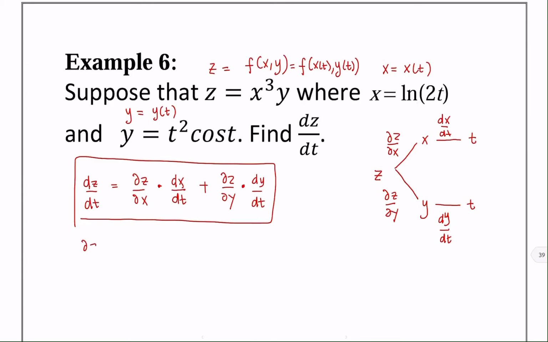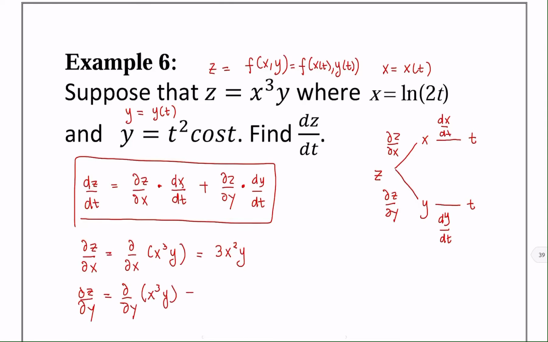So del z over del x is basically del over del x of x cubed y. For this case y is constant, therefore we will have 3x squared y. For del z del y, it is del over del y of x cubed y. So x this time is a constant, so we will have x cubed.